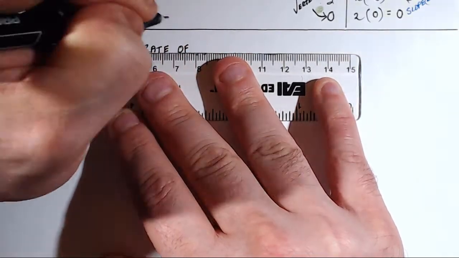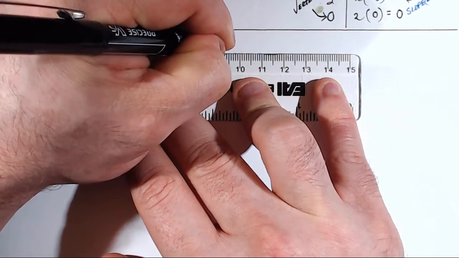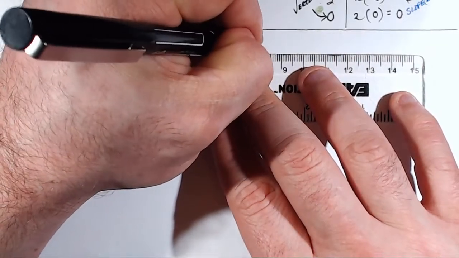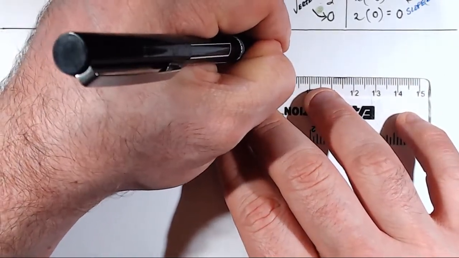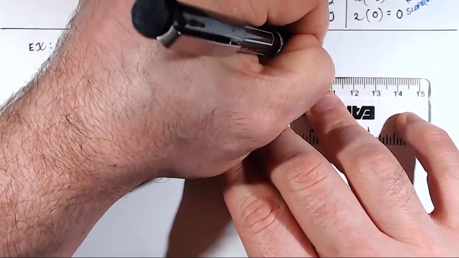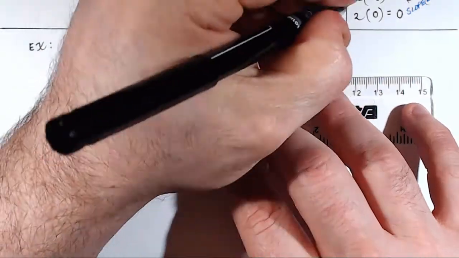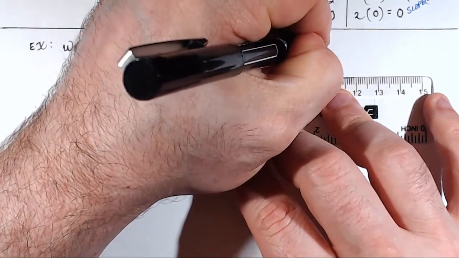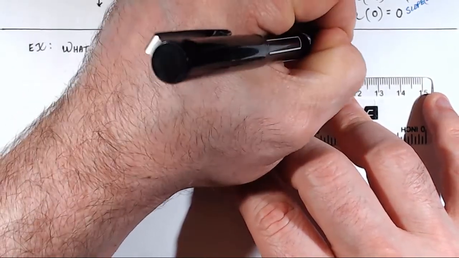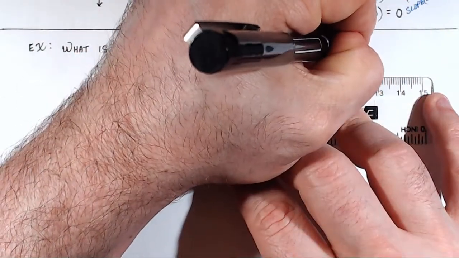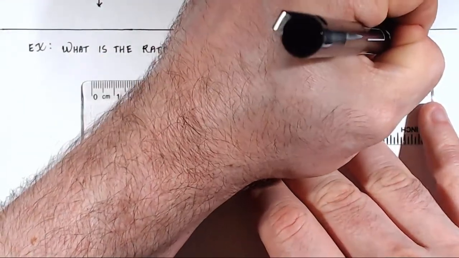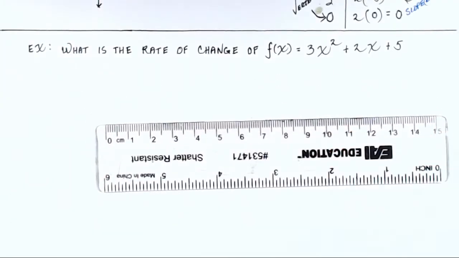What is the rate of change of f of x equals, we'll come up with a more interesting example here, we'll say 3x squared plus 2x plus 5. Okay? 3x squared plus 2x plus 5.